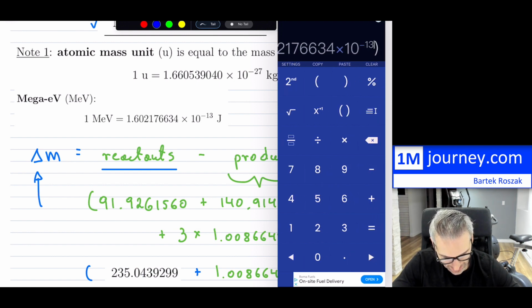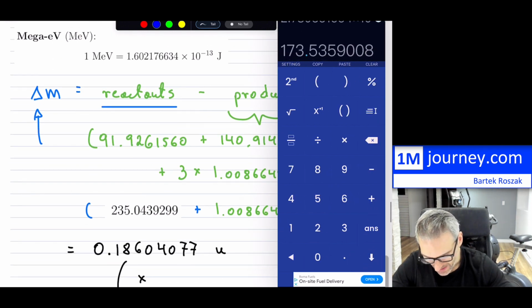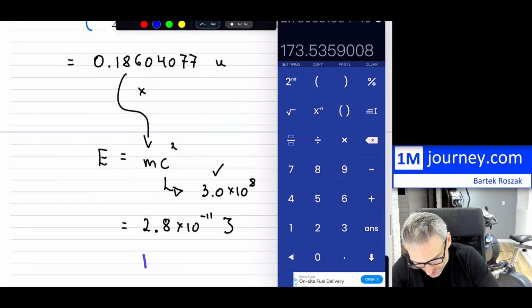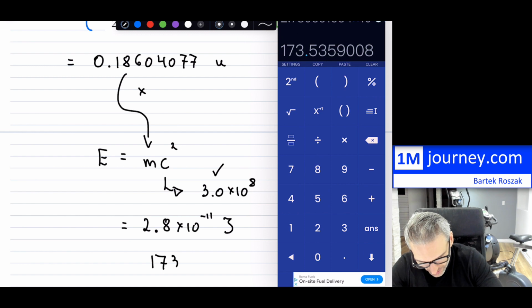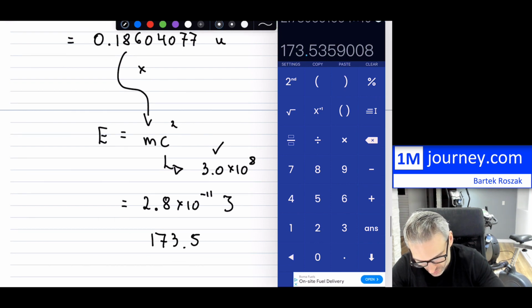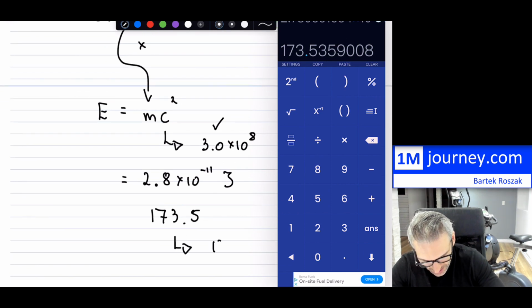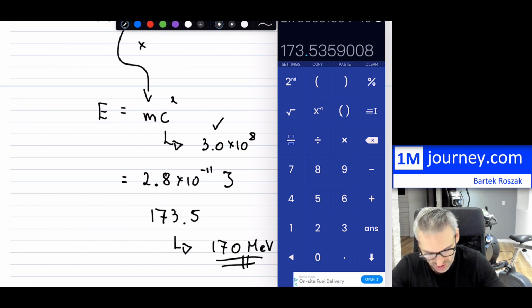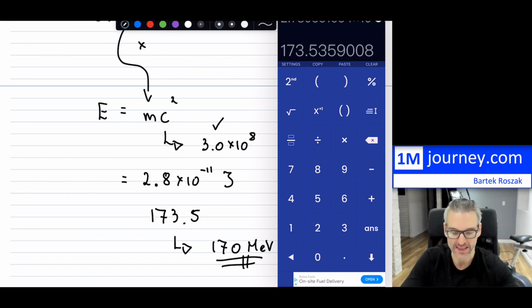And that now gives you how much energy. In this case it would have been 173.5. Again, to 2 significant figures, it's about 170 mega electron volts. That's just per one reaction.